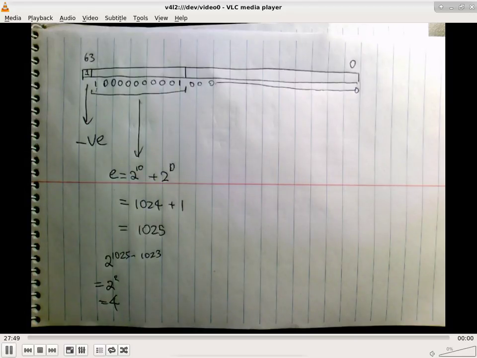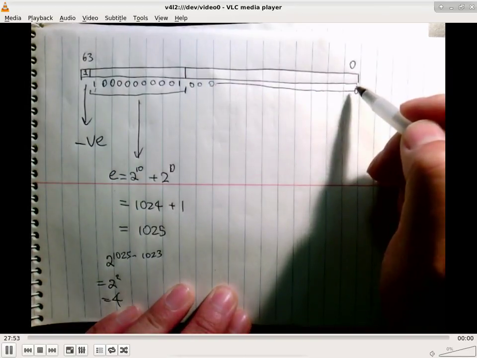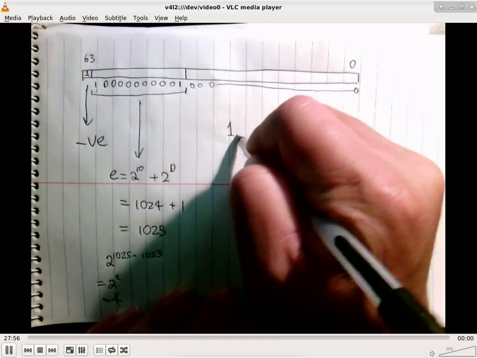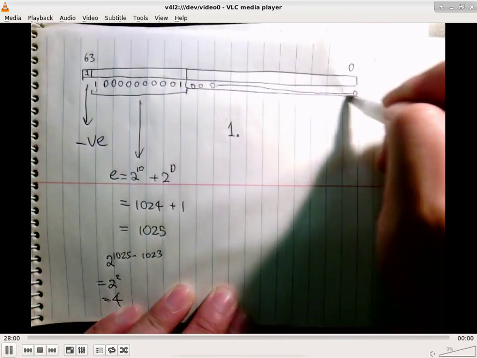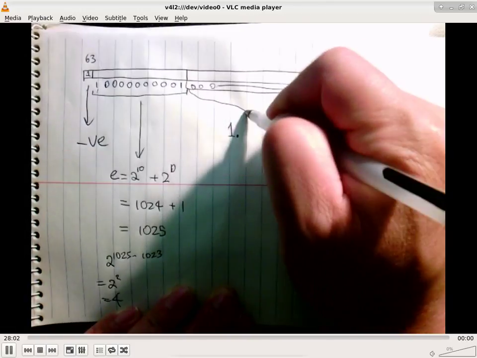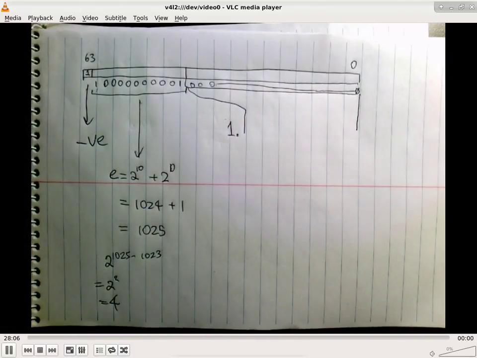What about this part here? This is the fractional part of the binary mantissa. In other words, the 1 point is implied. And then you just take everything here and say these are all the things to the right-hand side of the 1 point. It's a binary number.